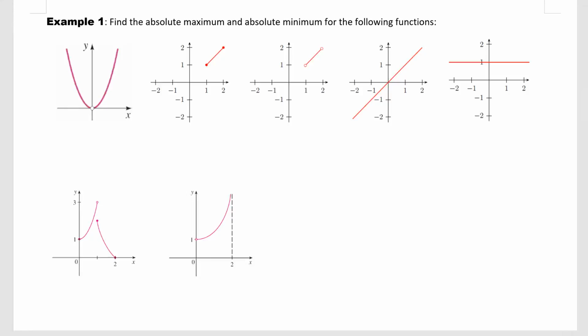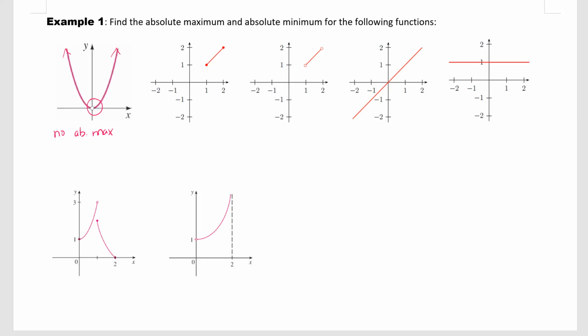Example 1. Find the absolute maximum and absolute minimum for the following functions. Okay, the first one. Do we have an absolute maximum? No, because it goes up forever, so no absolute maximum. Do we have an absolute minimum?